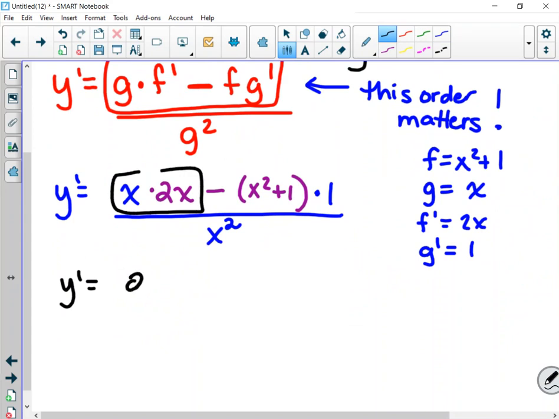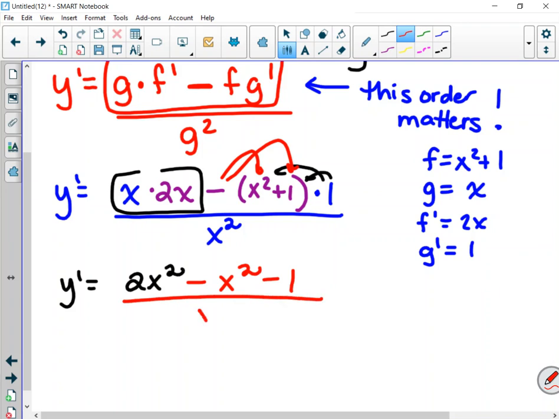This part is 2x squared. We're going to multiply by 1 and subtract each of those. So we're going to get minus x squared and minus 1, all divided by x squared. Just kind of reminding you what the answer was that we got before.